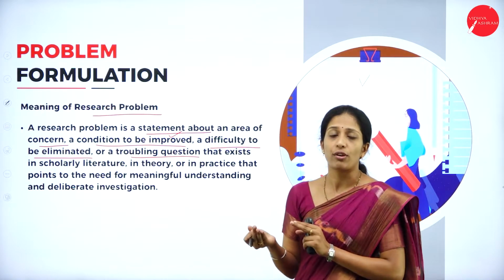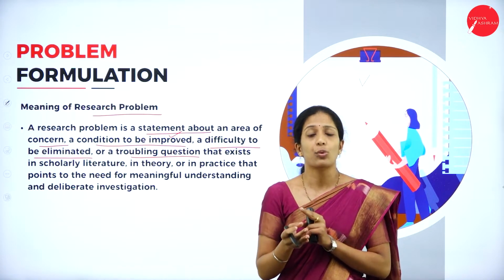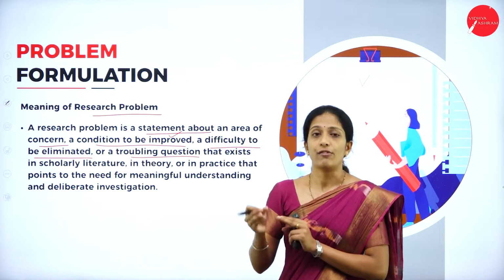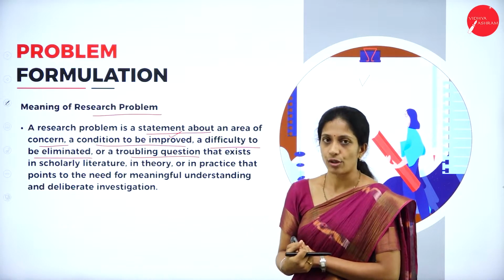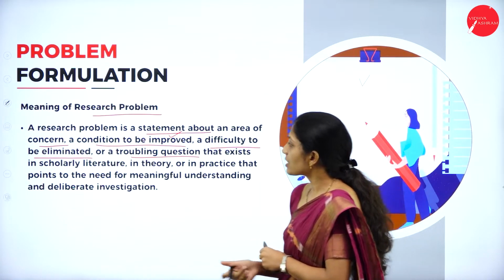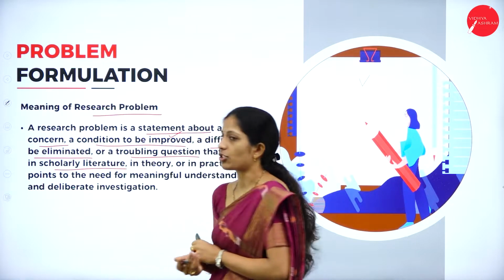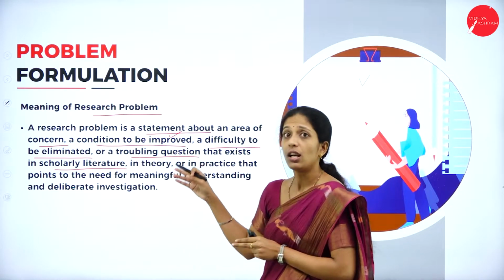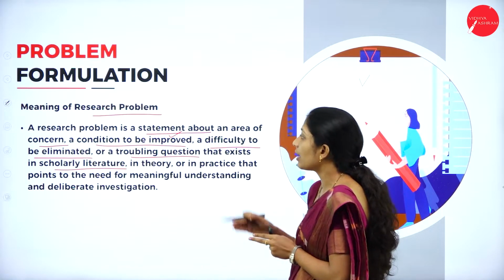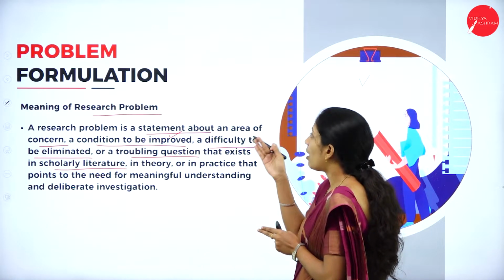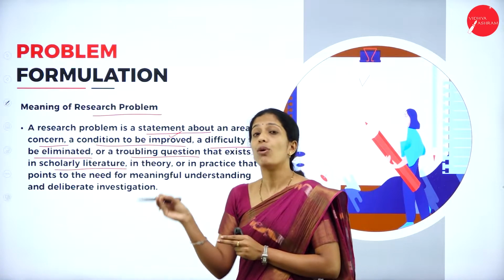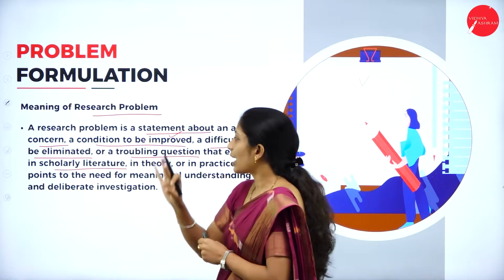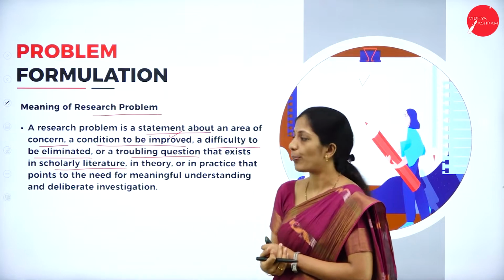It may also be an irritating question that has to be solved, for which we have to find the solution, that exists in the scholarly literature. So in scholarly literature, if there is a troubling question, or a thing that cannot be eliminated or has to be improved, or an area which has to be given more concern to solve, they are termed as what? Research problem.